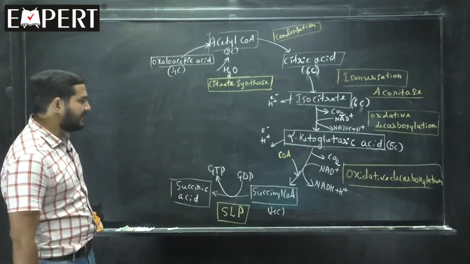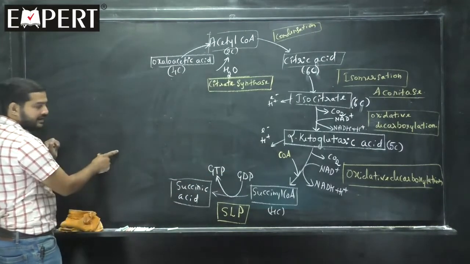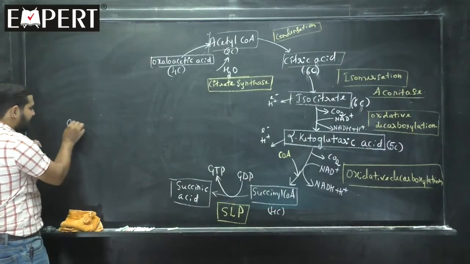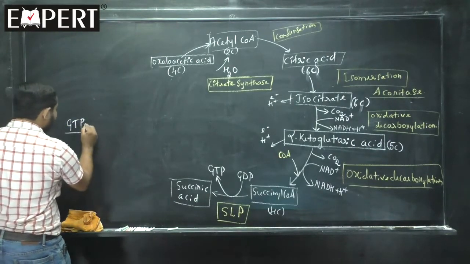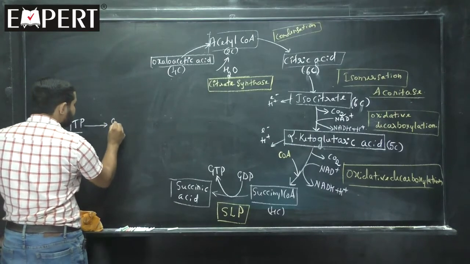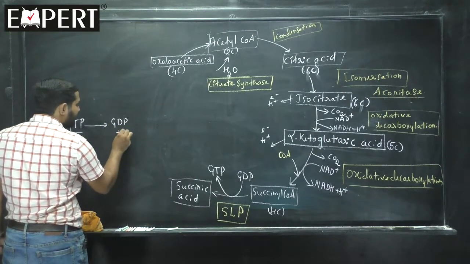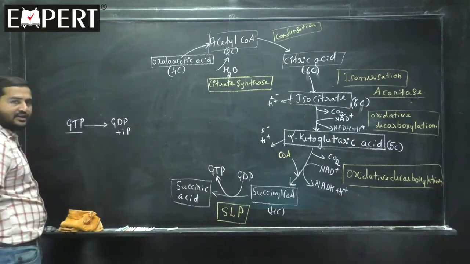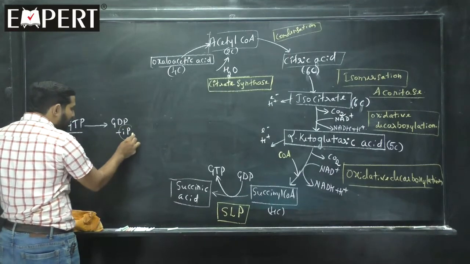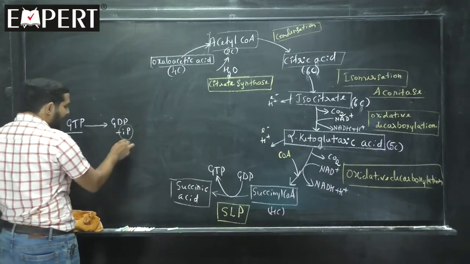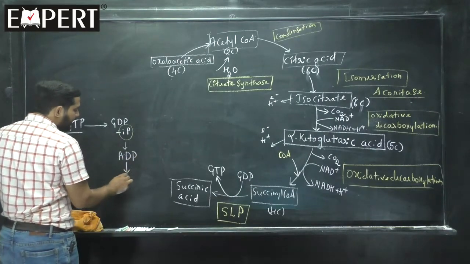How? Just see carefully here. I will write that event here. After formation of GTP, this GTP undergoes hydrolysis to become GDP plus inorganic phosphate. This inorganic phosphate will react with ADP to become ATP.